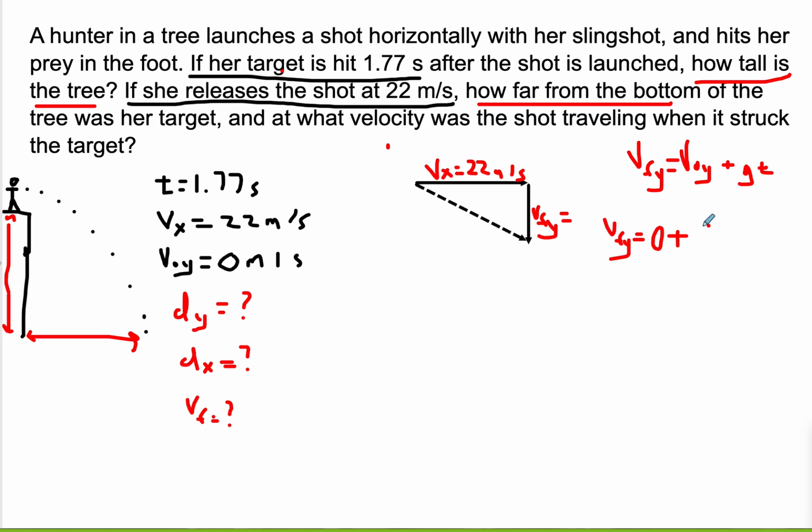So that's 0 plus 9.8 times 1.77. And 9.8 times 1.77, that's going to equal about 17.3. So VFY, this part of the triangle, is 17.3.